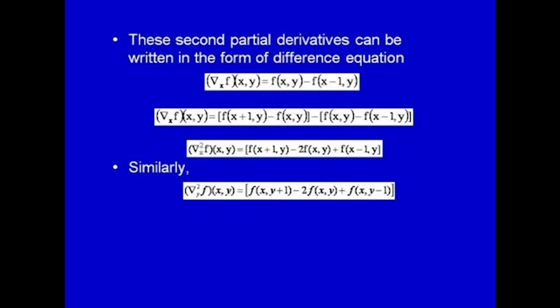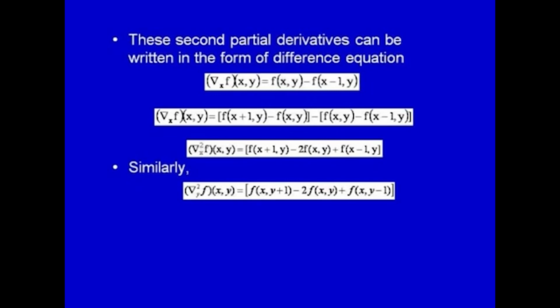Thus, on simplifying this, we can say that the second order derivative of the function at x, y can be written as the function at x plus 1, y minus twice the function at x, y plus the function at x minus 1, y.